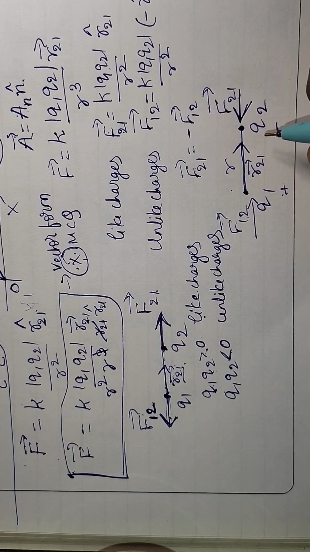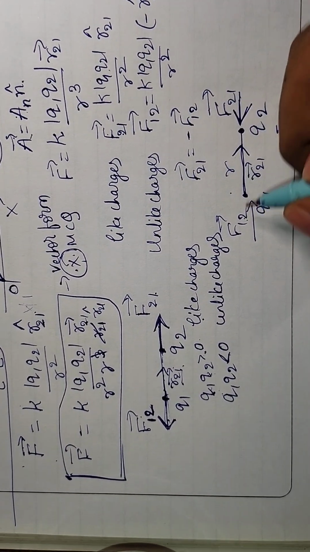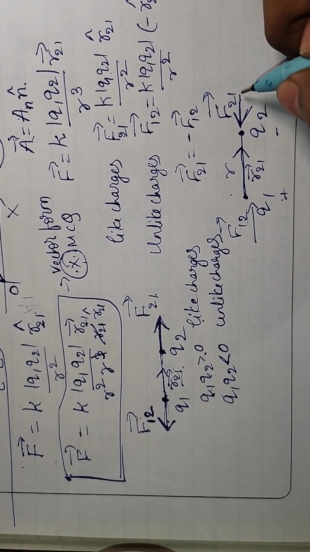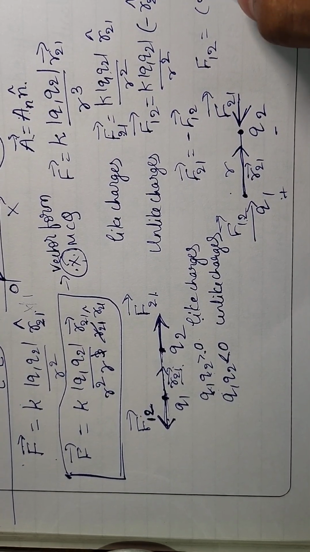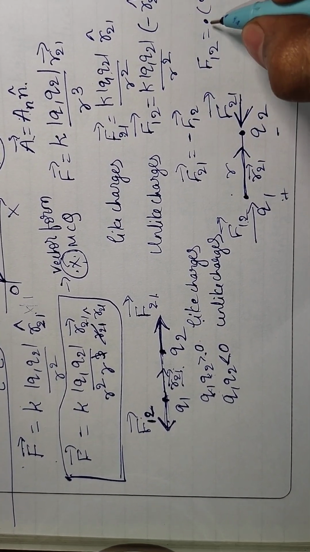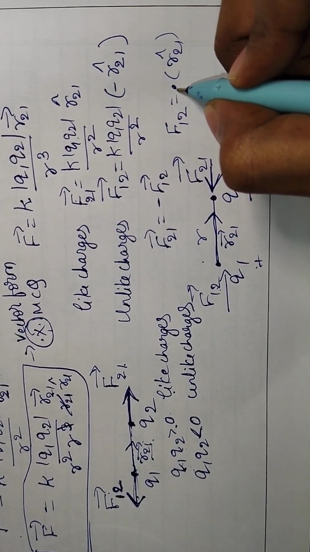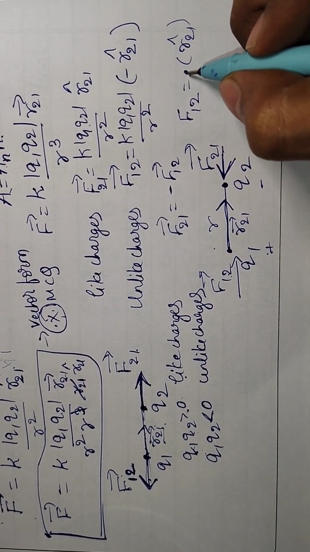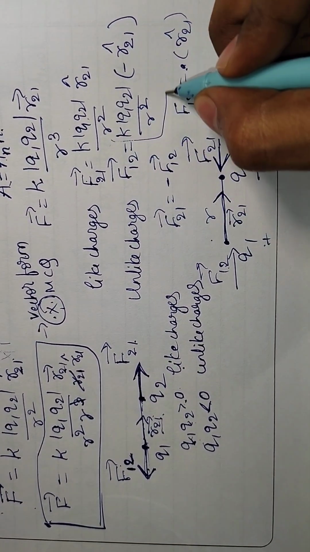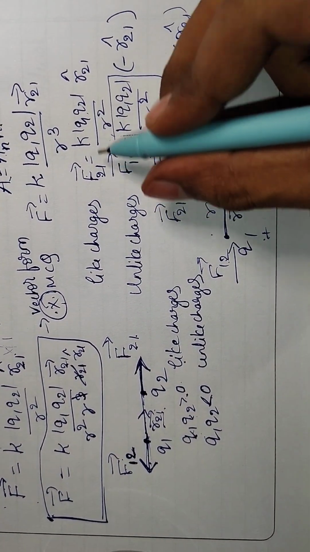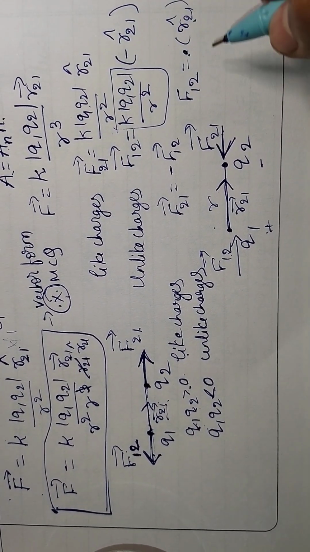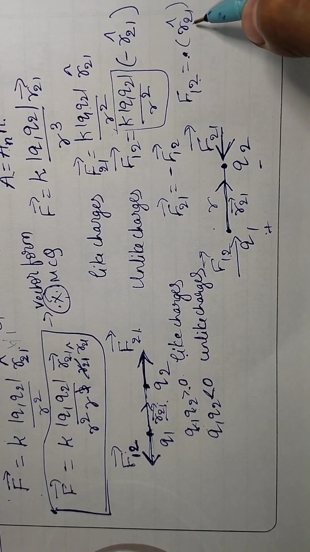So here also, what happens when you write individually F12 and F21? Now F12 will be R21 cap. Okay, here you have this entire term and I don't have the space, so I'm not writing, but the unit vector is now plus R21. Previously F21 was plus R21, here F12 is plus R21.